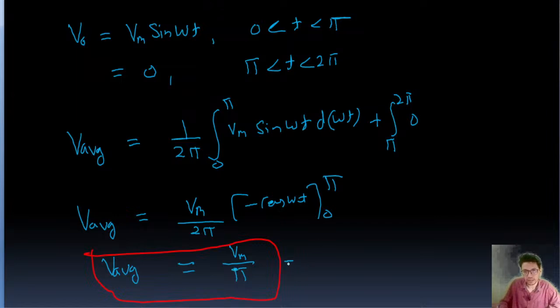This is also called DC. VDC means voltage of direct current. So we have got this V average, right?